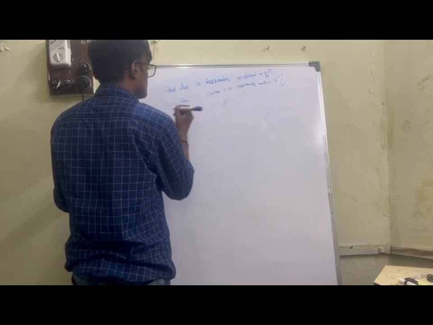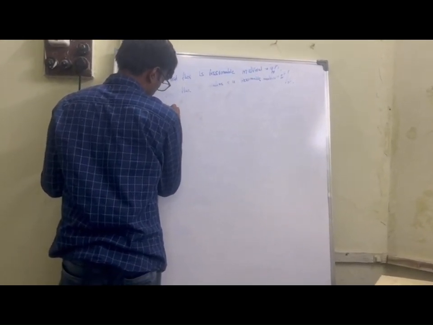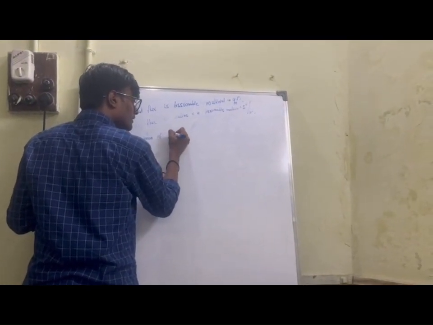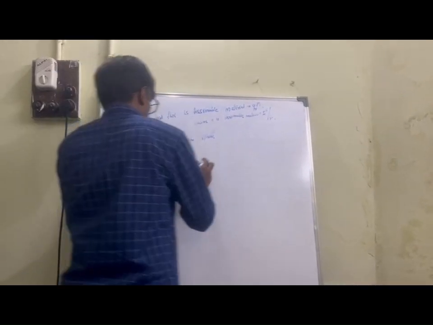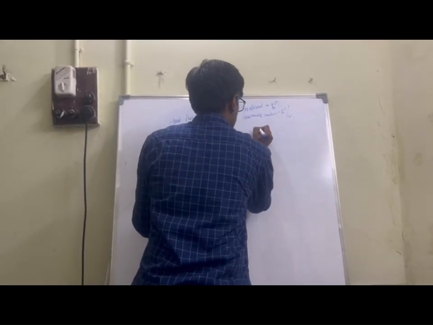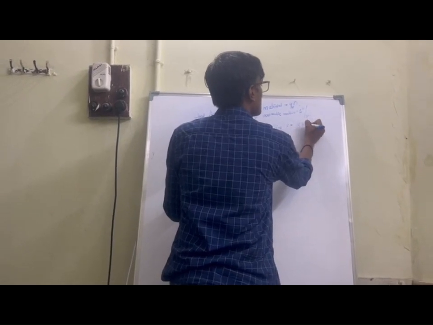Surface area of the sphere of radius r is equal to 4 pi r square.